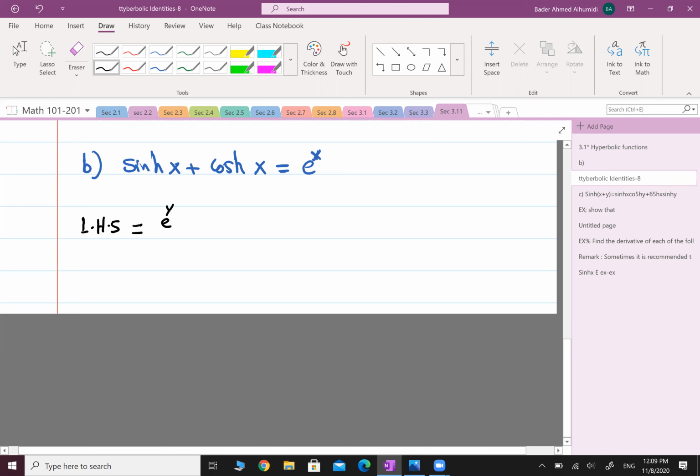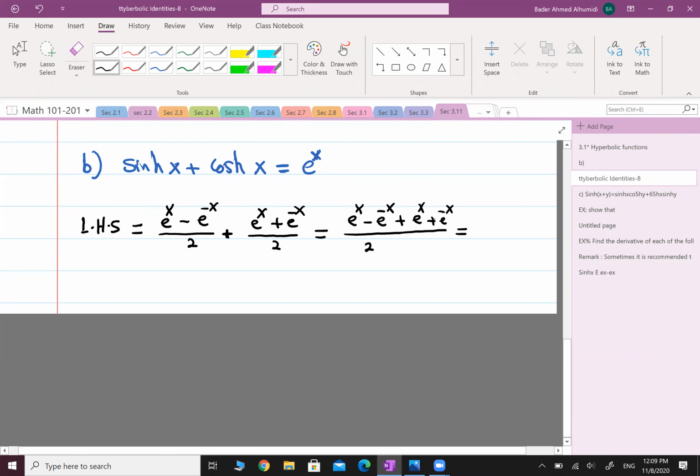By definition, it is e to the power x minus e to the power minus x divided by 2 plus hyperbolic cosine, that is e to the power x plus e to the power minus x, divided by 2. Now combining everything is over 2. And what we have here is e to the power x minus e to the power minus x plus e to the power x plus e to the power minus x.